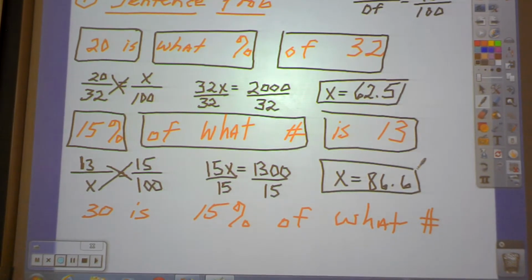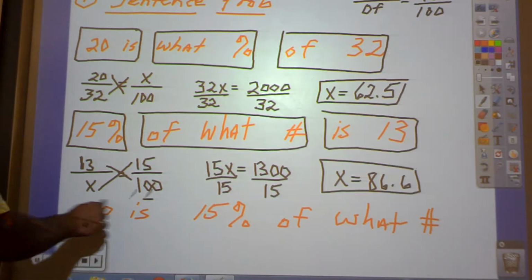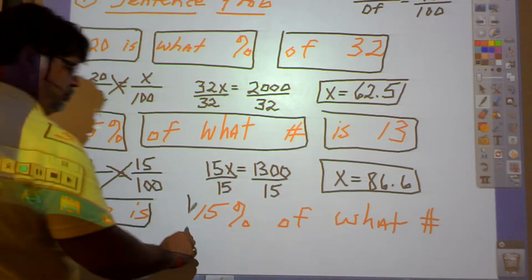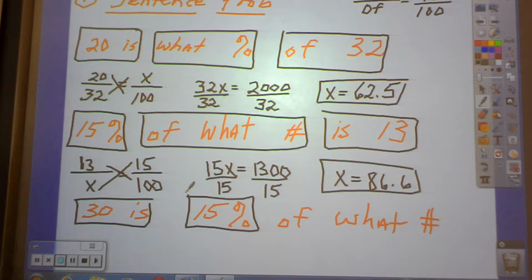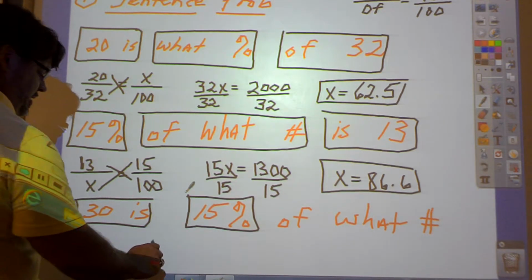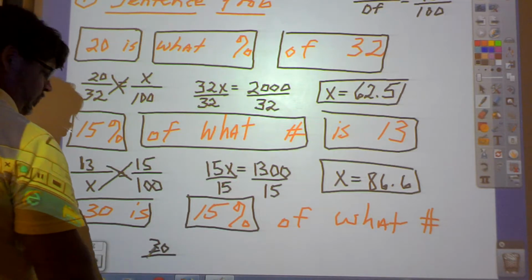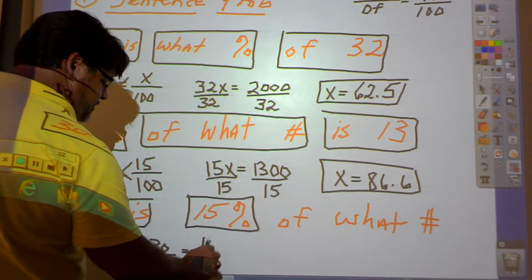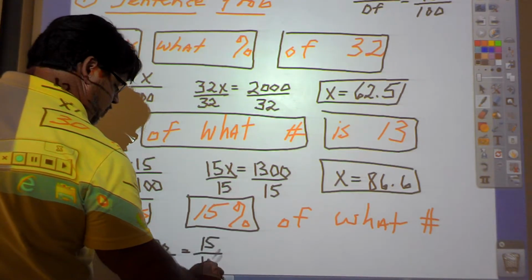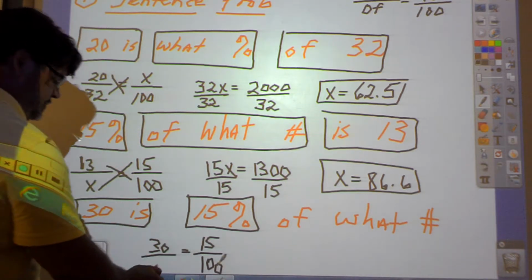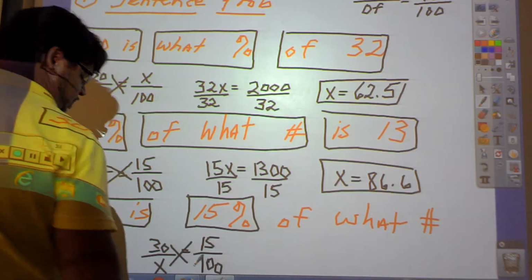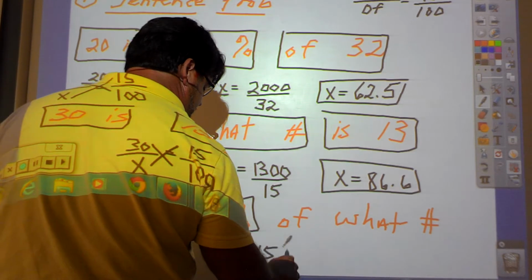And then the last one, so what we got here? 30 is, 15 is over 100, and of is x. 15x is equal to 3,000.